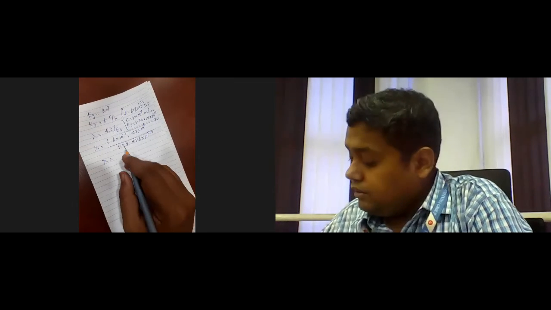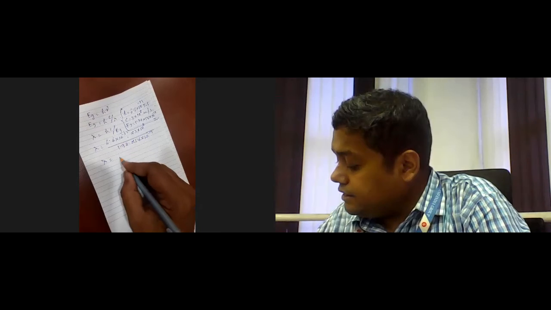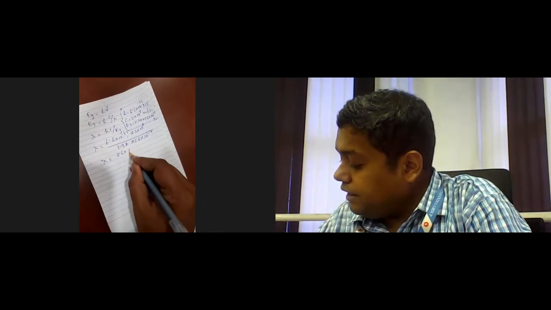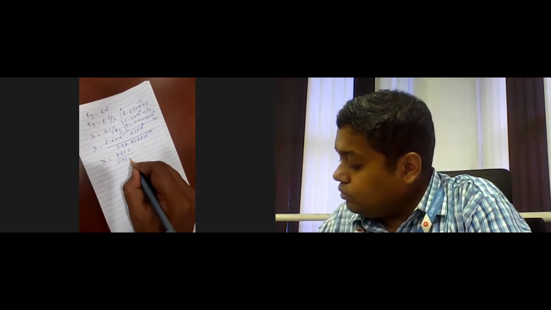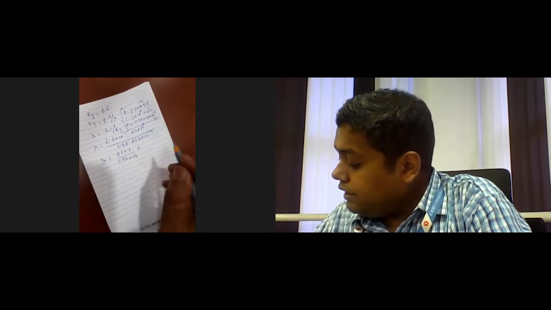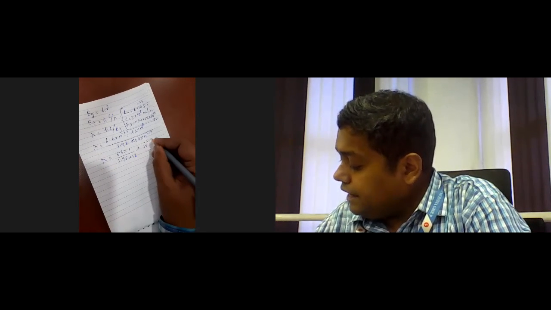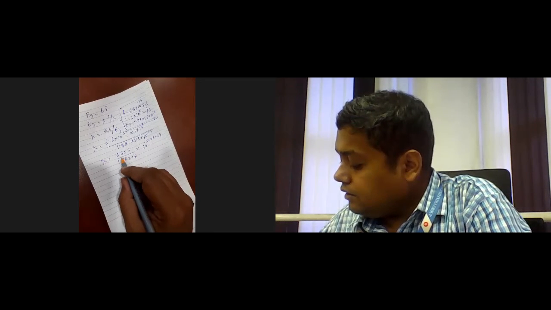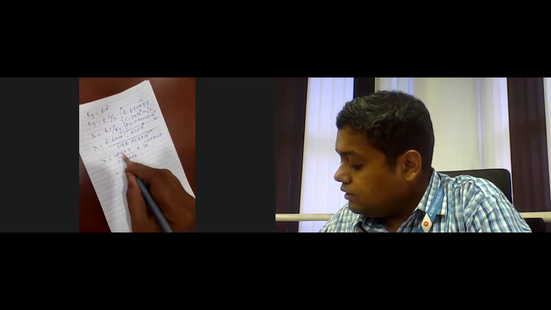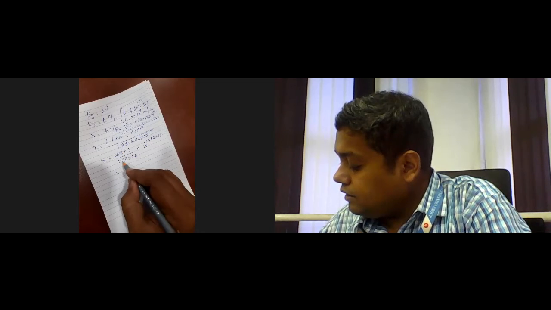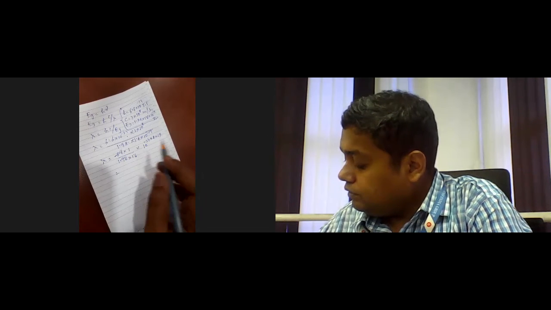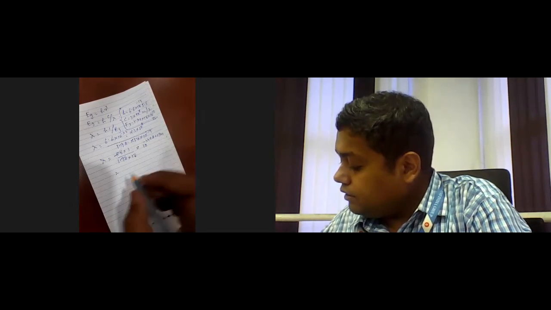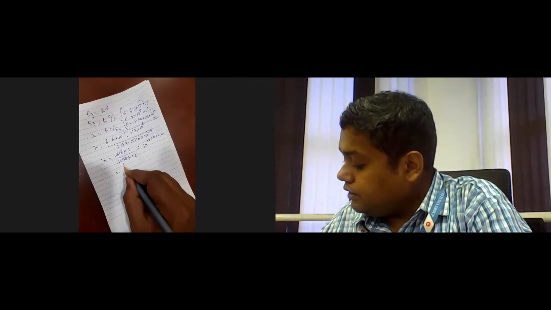Find out the value. 6.6 into 3 divided by 1.98 into 1.6 into 10 to the power minus 34 plus 8 plus 19. So 6.6 into 3, and 3 and 3 cancelled out.